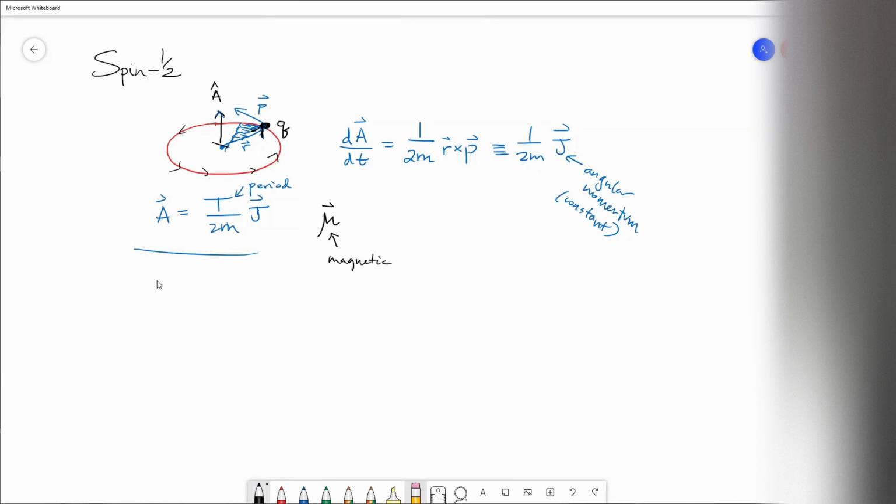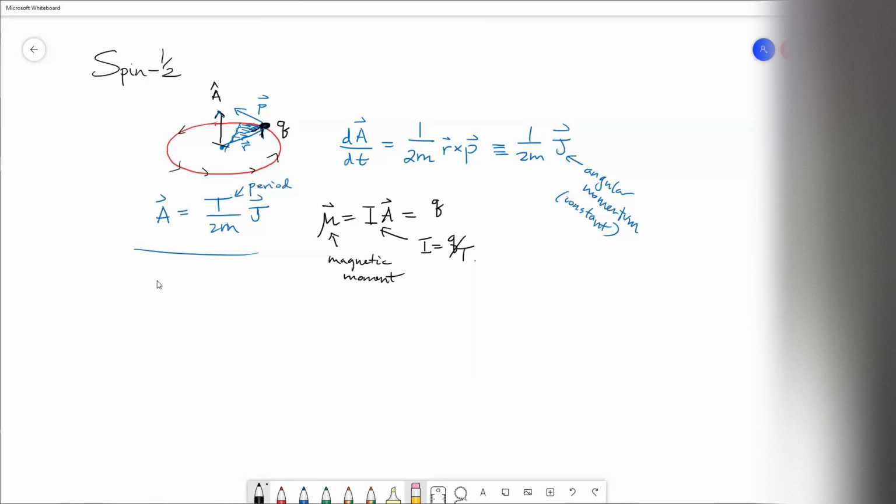The relationship between A and mu is the current times the A vector, the area. And I is just Q divided by T, right? It's the amount of charge that goes around in a period T.